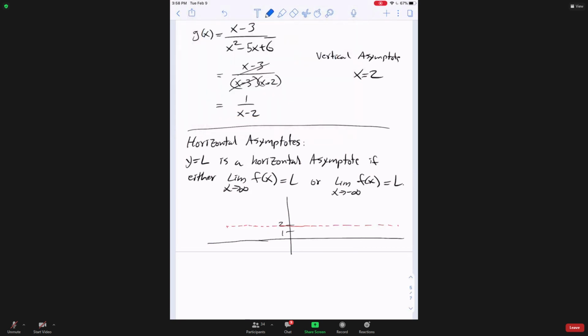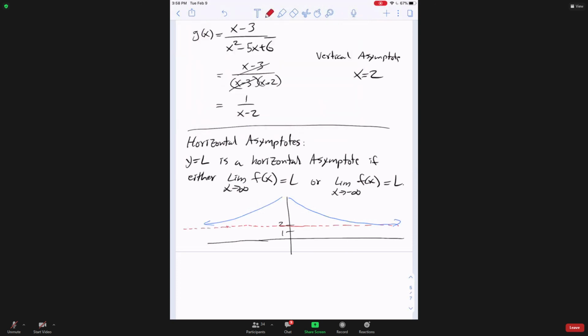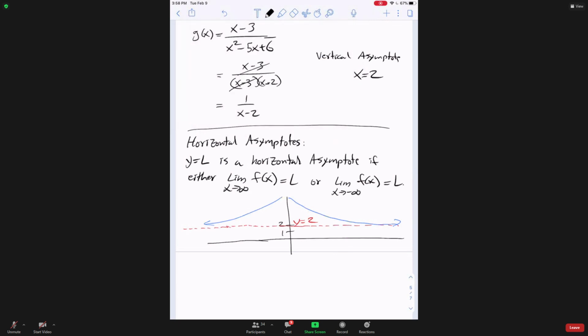Either as x gets really large, going towards infinity, it merges with that number L, in this case 2, or as it's going towards negative infinity, it's going towards that number. And it doesn't have to be from the top, it could be from the bottom, either or. So if one of those is the case, then you would say that y equals 2 must be a horizontal asymptote, with L being 2. So that's what it's saying involving limits. Any questions on that? So either it's got to go to infinity and merge with the line asymptote here or here.